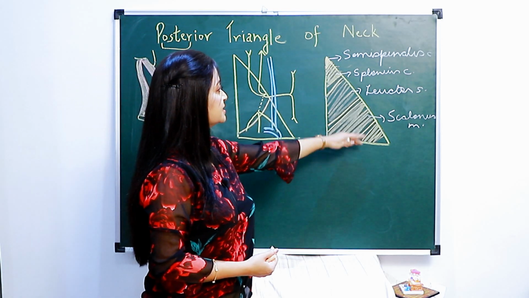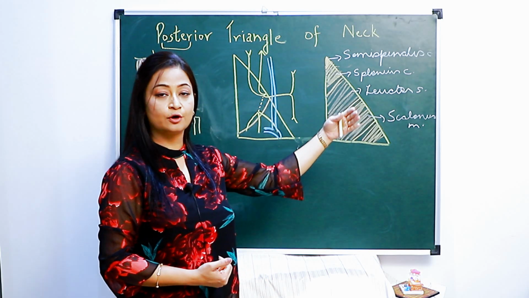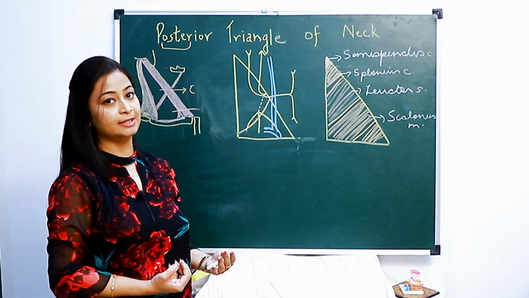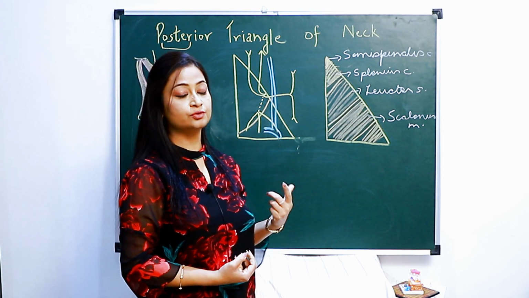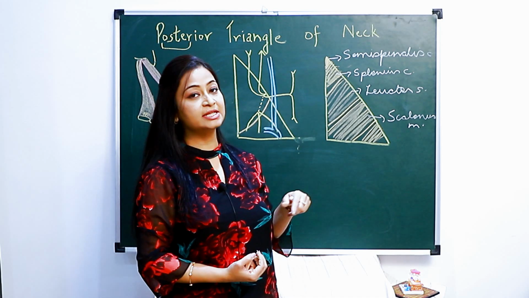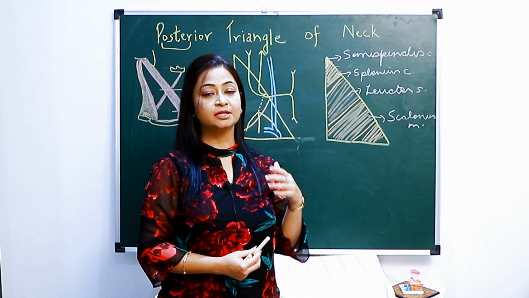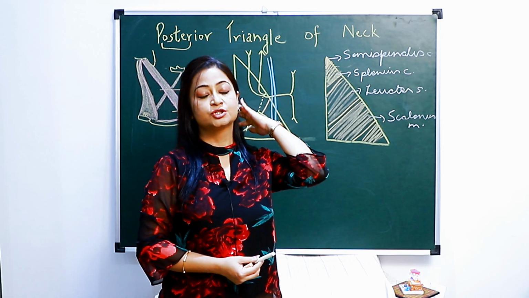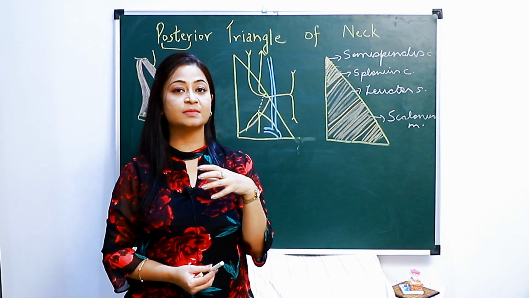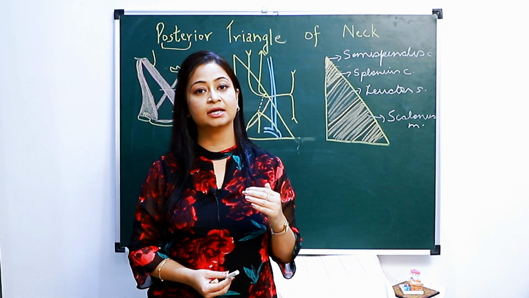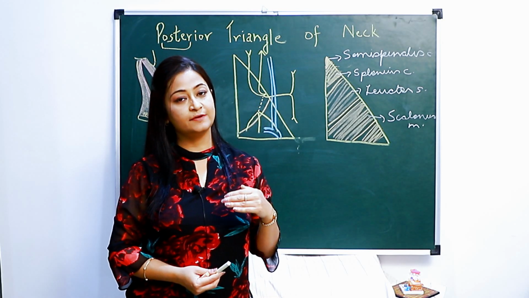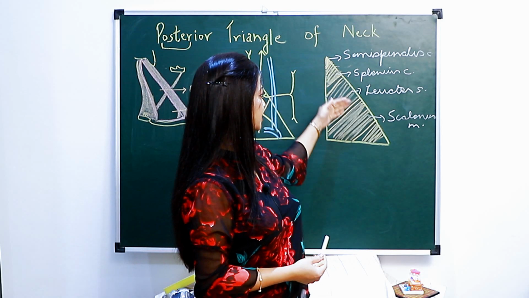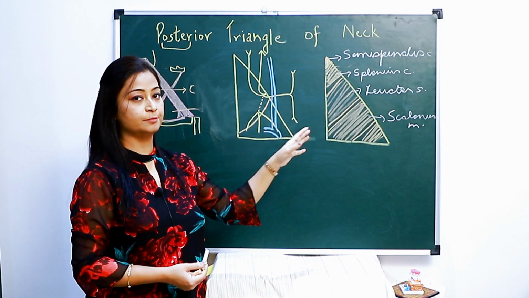Okay, so all these muscles from above downwards form the floor of the posterior triangle. Now one important point to note is that all these muscles are covered by the prevertebral layer of the deep cervical fascia. Okay, so the term used is that these muscles are carpeted by the prevertebral fascia, that is all these muscles are covered by it.